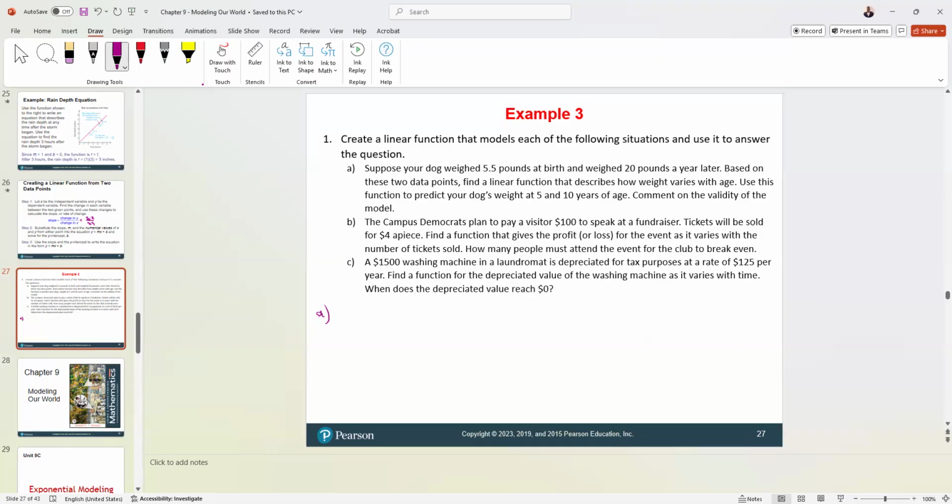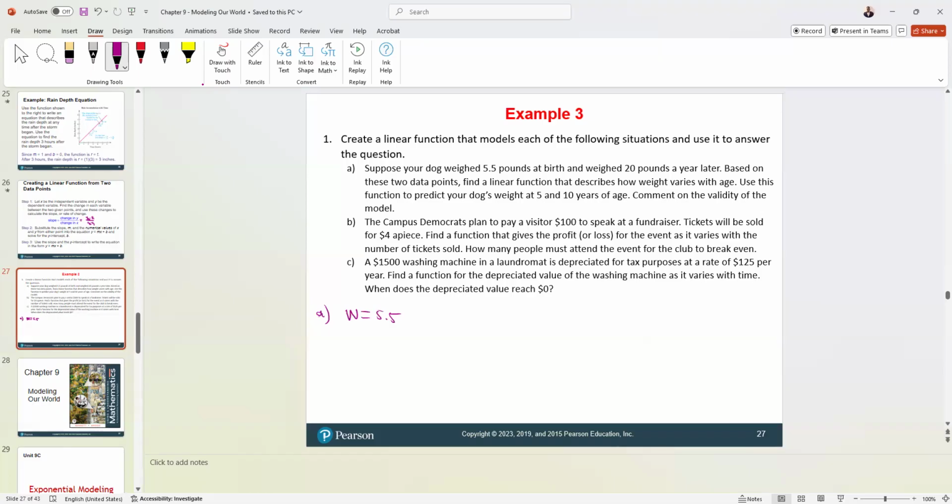So if we want to keep W as the weight, we know the weight at birth was 5.5 pounds, and 20 pounds a year later, right?